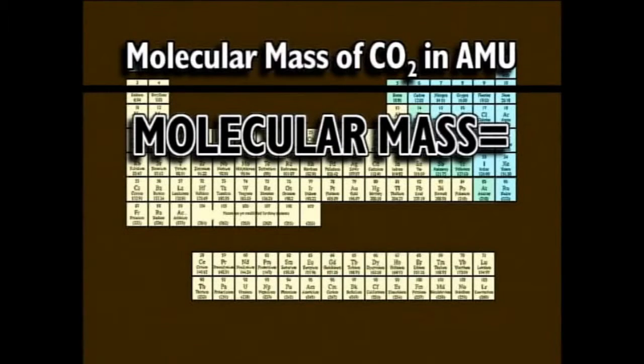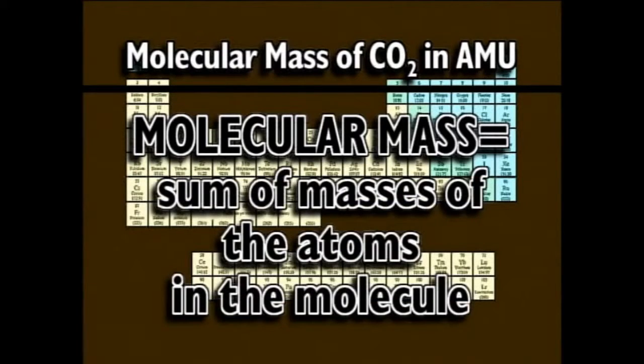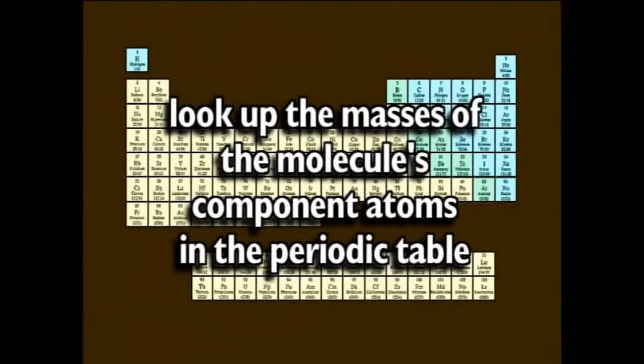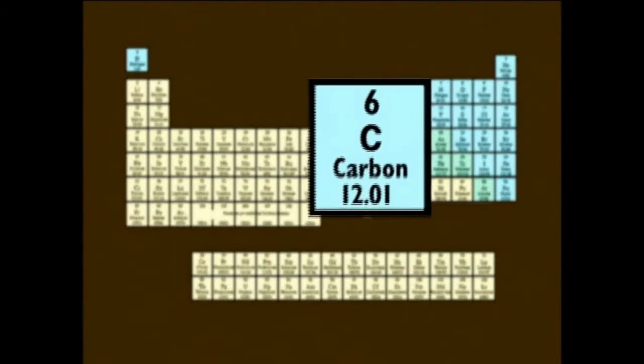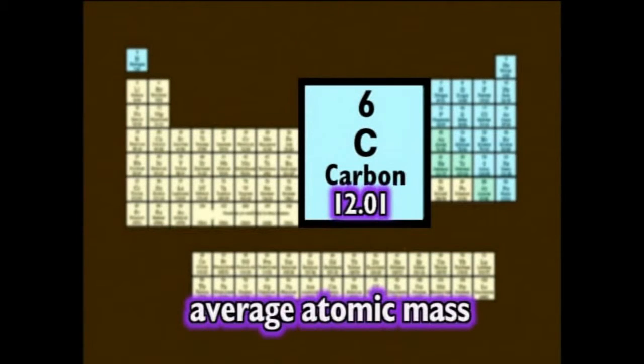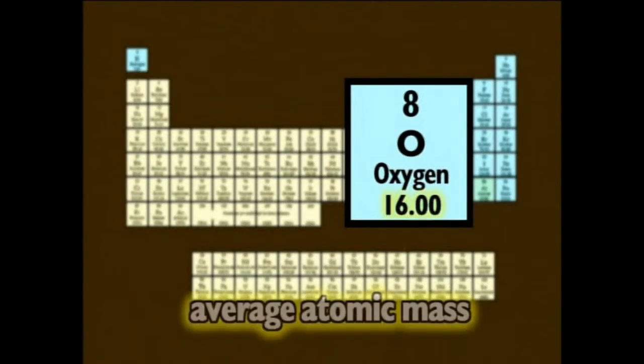So let's find the molecular mass of carbon dioxide in AMUs. Molecular mass equals the sum of the masses of the atoms in the molecule. So the first thing we have to do is look up the masses of the molecule's component atoms in the periodic table. Carbon has a mass of 12.01 AMUs, and oxygen has a mass of 16.00 AMUs.